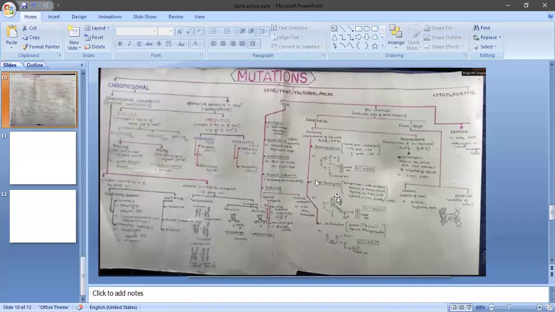Transversions are nothing but the replacement of nitrogen bases which belong to unlike types, where a purine is replaced with a pyrimidine, or a pyrimidine is replaced with a purine. These transversions may occur by depurination and also by some alkylating agents.